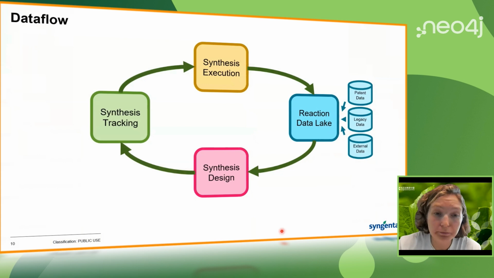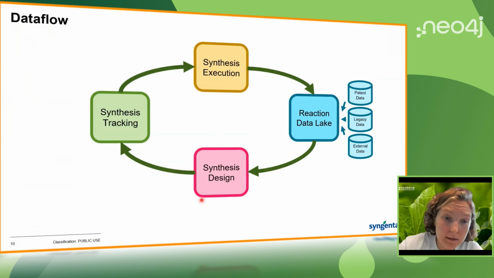So how does this play a role in our real workflow? So let's walk through it. How does it work? The synthesis design: chemists start with a synthesis design, and that's where they sketch the route in reactant and product representation.